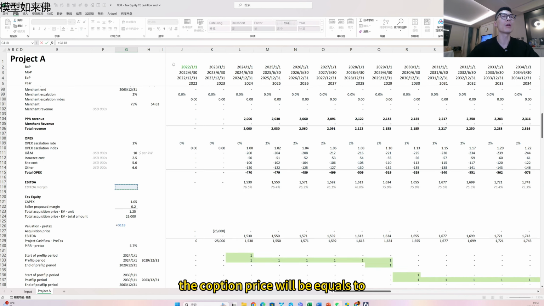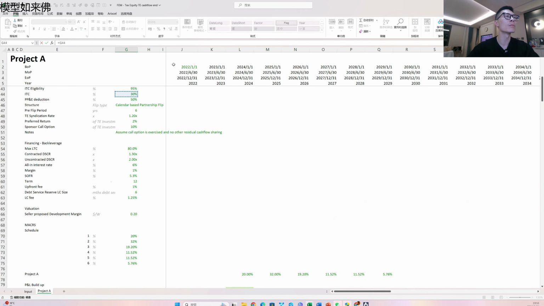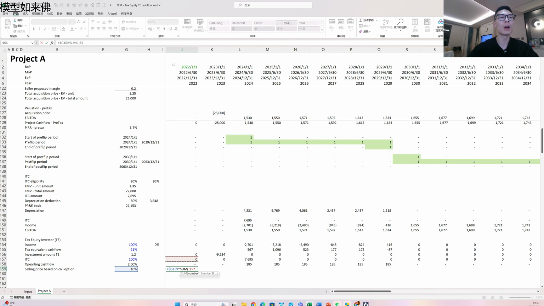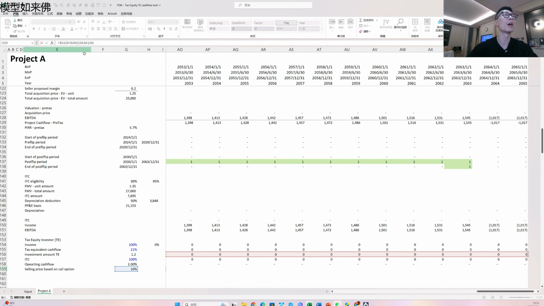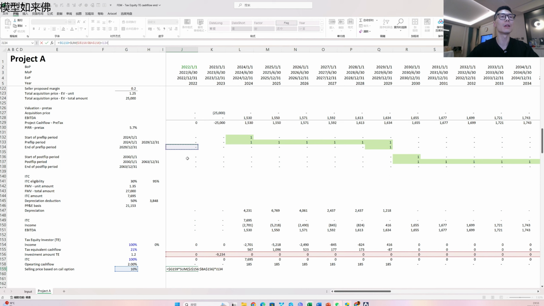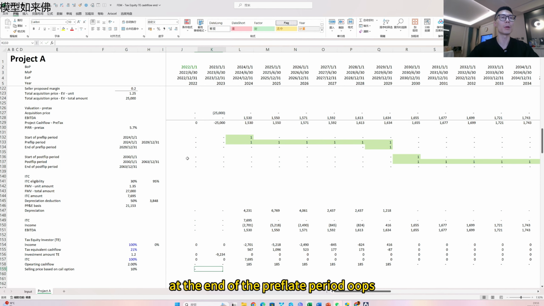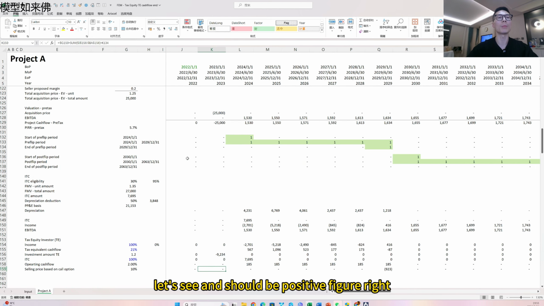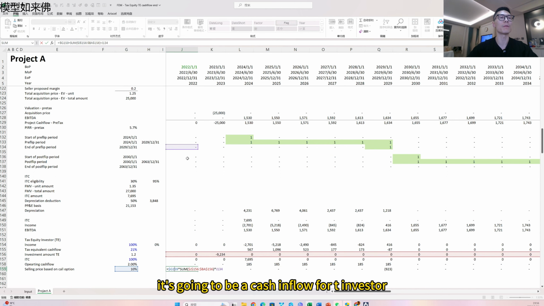The call option price will equal 10% of the TE investment. So let's have a line here, and when is it going to happen? It's going to happen at the end of the pre-flip period. And it should be a positive figure, right? It's going to be a cash inflow for the TE investor.